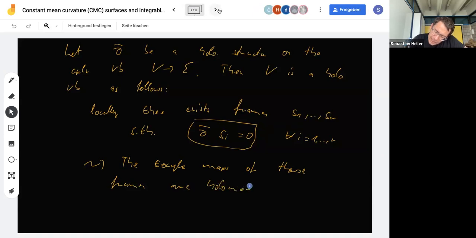Just by the Leibniz rule, or the 0,1 part of the Leibniz rule of these holomorphic structures, of these del bar operators. And this means whenever we get such an operator, our complex vector bundle is a holomorphic vector bundle.